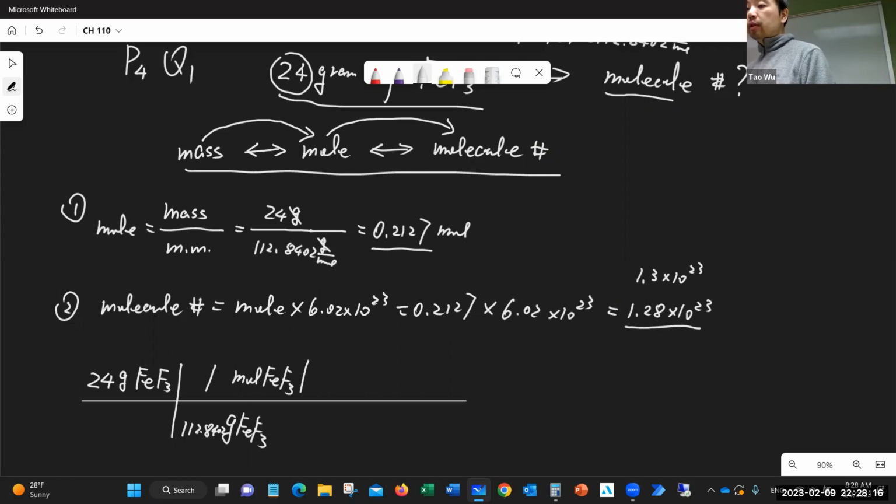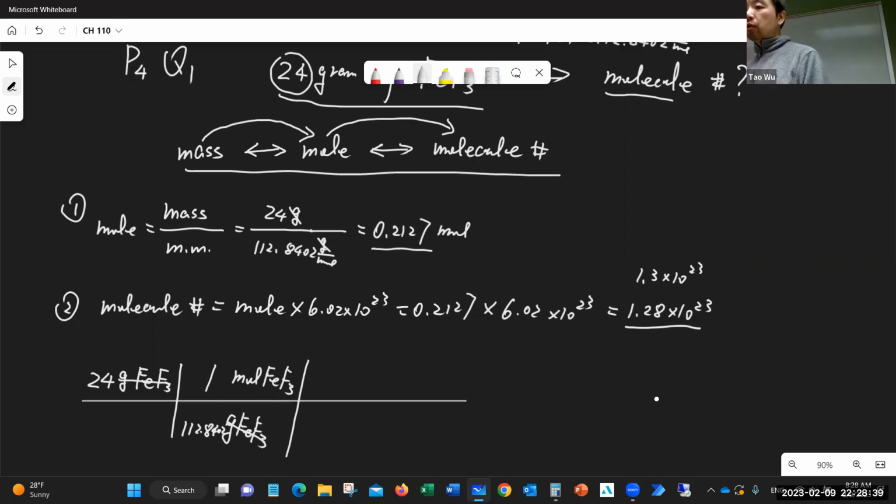So if we set up the equation, it's just 1 mole of this equals that many grams. So the grams cancel. Then we get how many moles? Your setup is still the same, 24 divided by this number, right? This is just multiplying by the conversion factor.